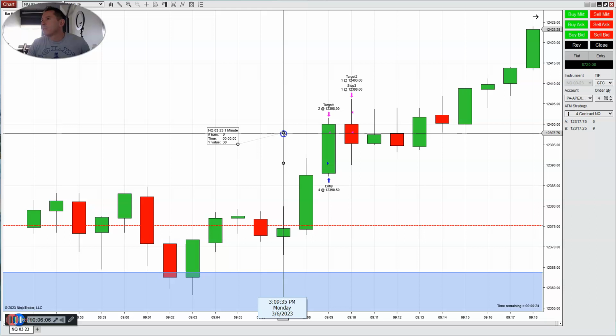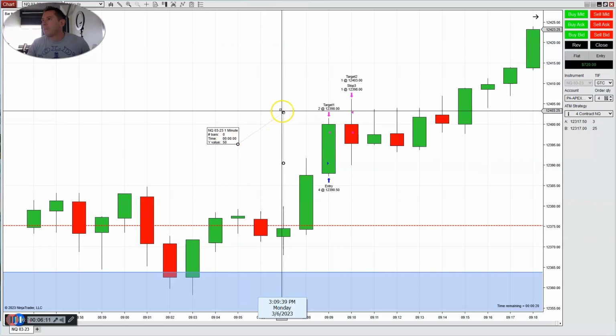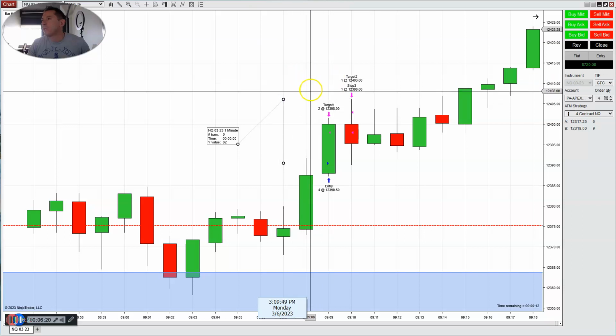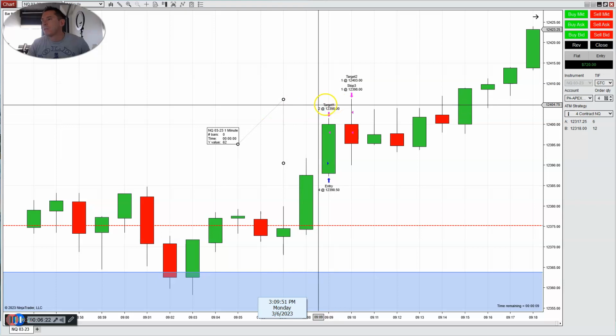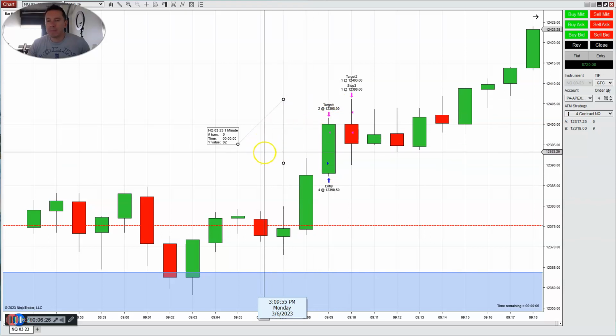Then the second target was 12,403 right here. So that's the 50. And then the market came up all the way to 60. What is that? 62 ticks. So my next target was over here. But at the time it's doing this live, I'm already moving my stop loss because I don't want to give any money back, right?